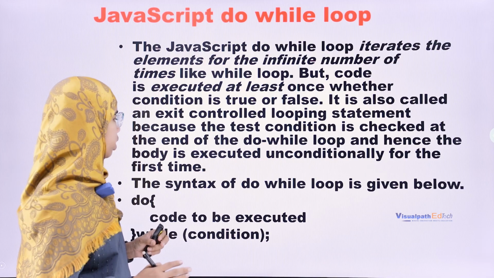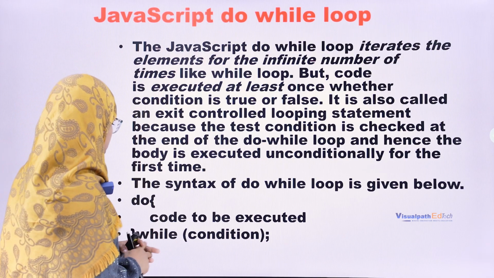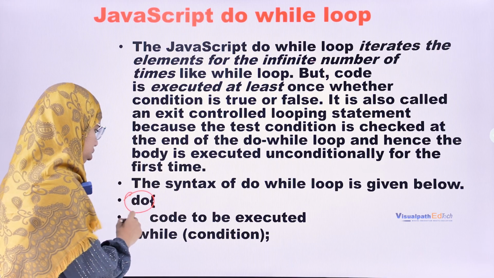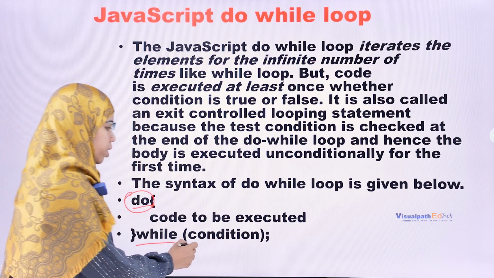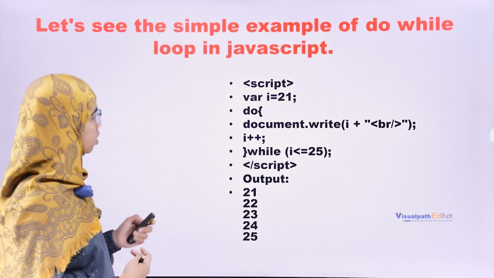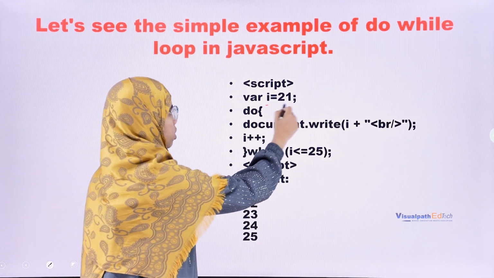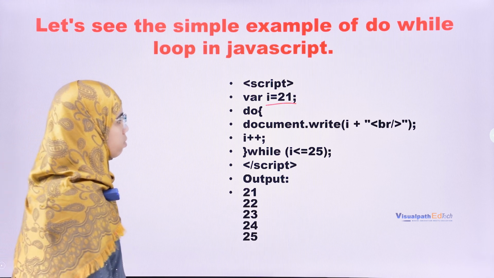Now coming to the do while, it's one of the trivial loops. What I can say here is, do is a keyword that is simply used and while is also a keyword, but here the condition will be tested at the end. You see an example here, we are initializing the variable I as 21.